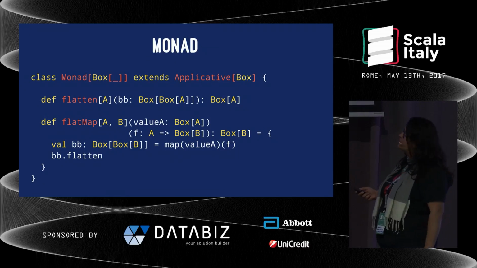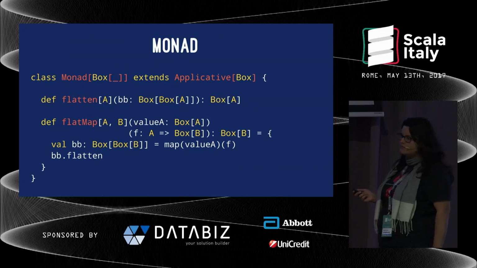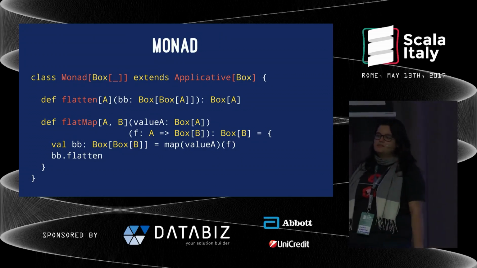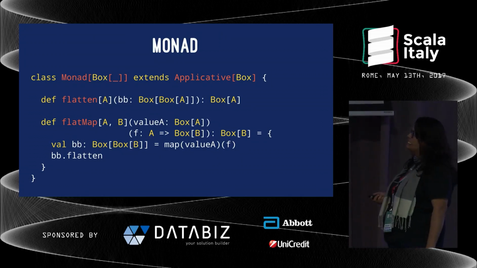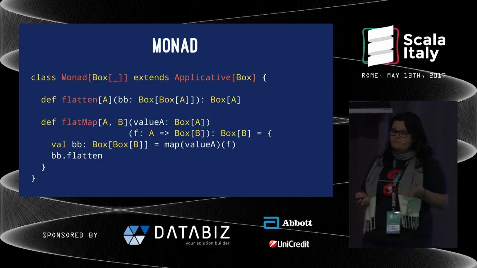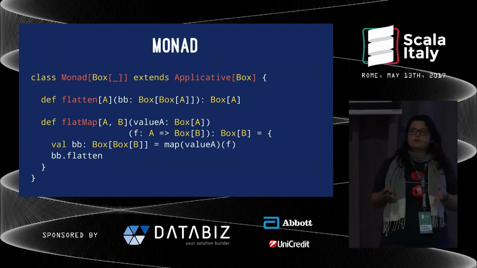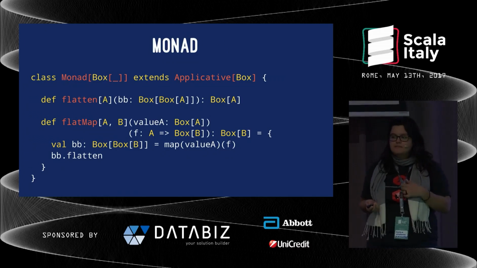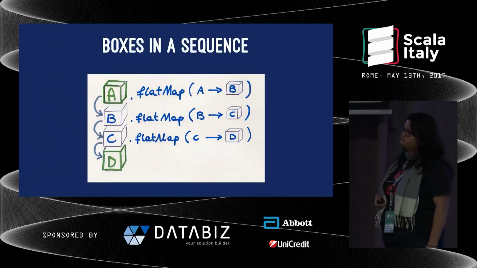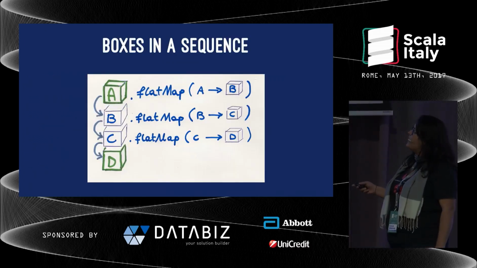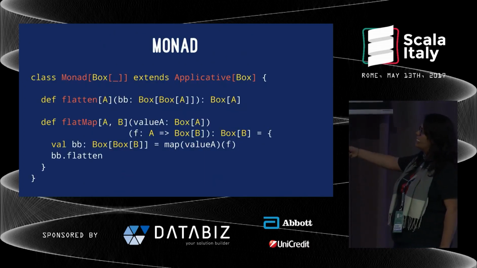Why do we care? Well, because this gives us a monad. We are going to see in a second why a monad is important to us. But basically, it allows us to compose things in order. Let's see how exactly it works. So you have a box that contains an A, and then, sorry, little detail.